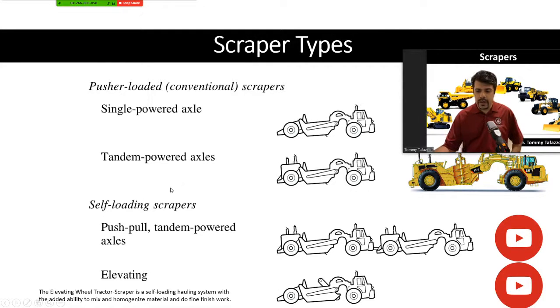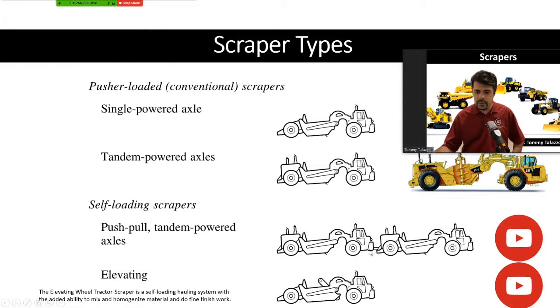We have self-loading scrapers. As implied by the name, they can elevate the earth and load themselves. So they could be elevating, and there could be push-pull tandem powered axles.